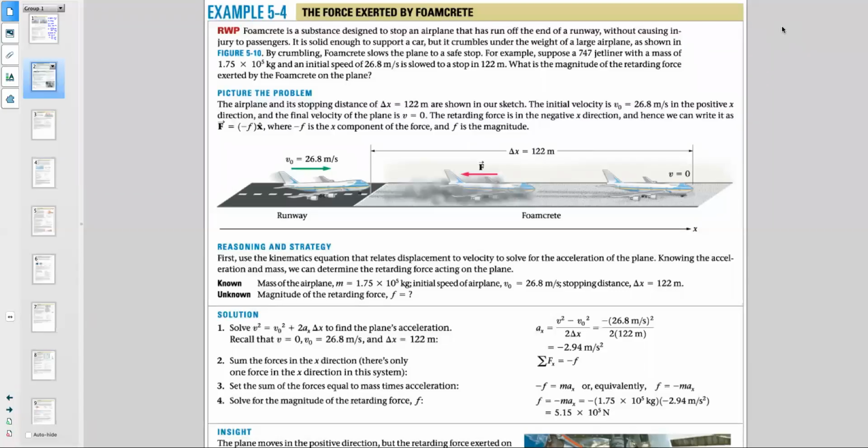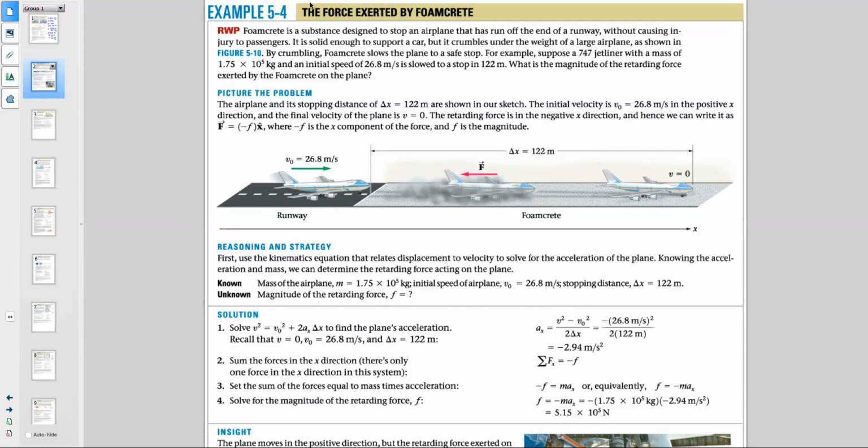Let's take a look at example 5-4. Pause the video, read the problem first, and write down things that you have, and then after that we're going to solve it together. In this example, we have an airplane, and it has a mass of 1.75 times 10 to the power of 5 kilograms.